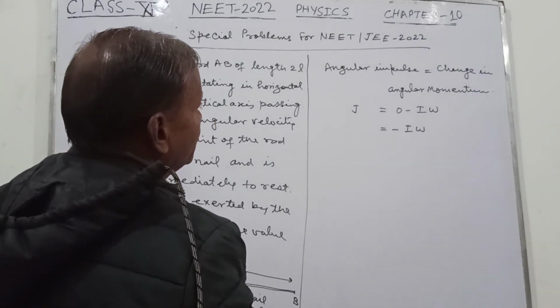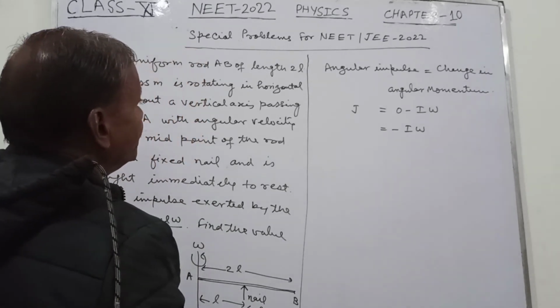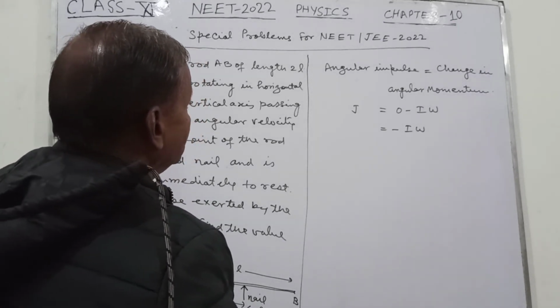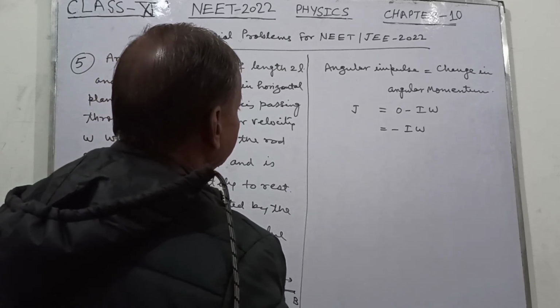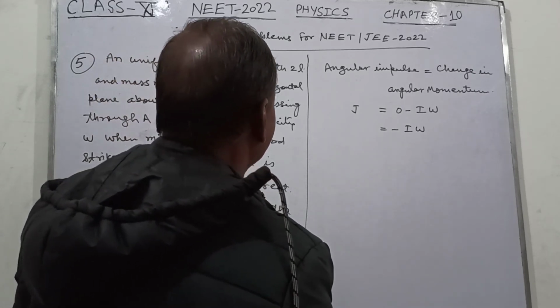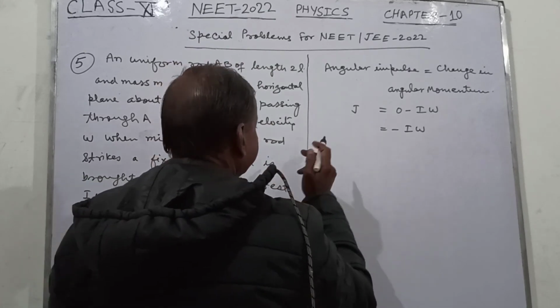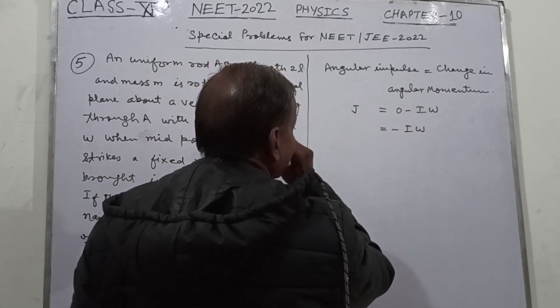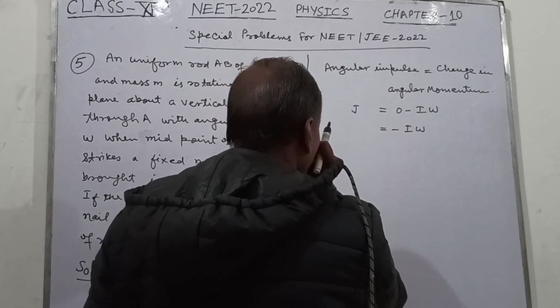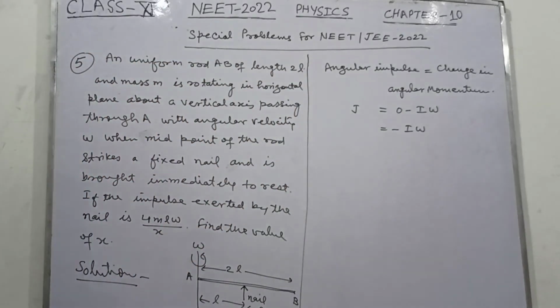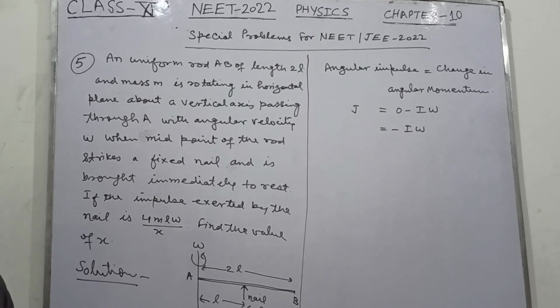Change in angular momentum gives you this angular impulse, denoted by J.